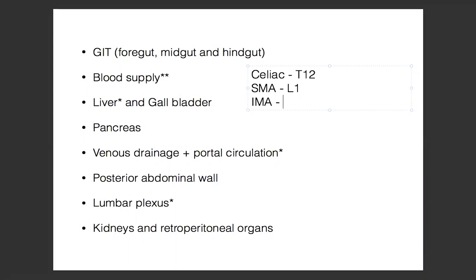Yeah, sorry, it's the level of L3. So it's also important to remember that the celiac is found at T12, the superior mesenteric at L1, and the inferior mesenteric at L3.